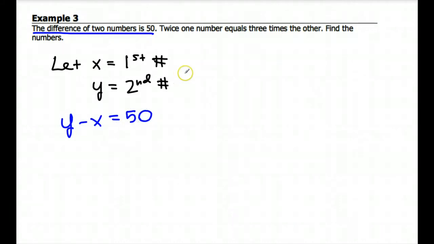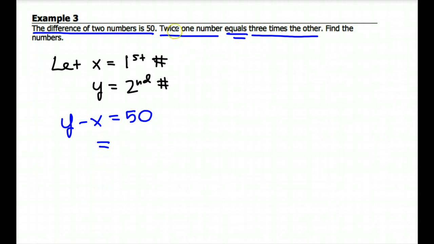For the next equation, you have to think a little bit. It says twice one number equals 3 times the other. If you're taking 2 times one number, and that's equal to 3 times the other number, which number has to be larger originally? It's the number that you're taking times less.